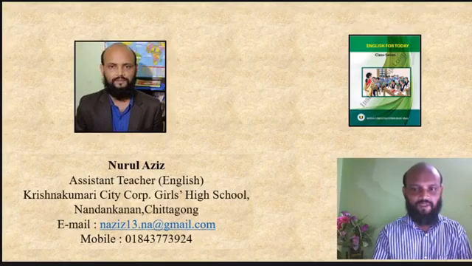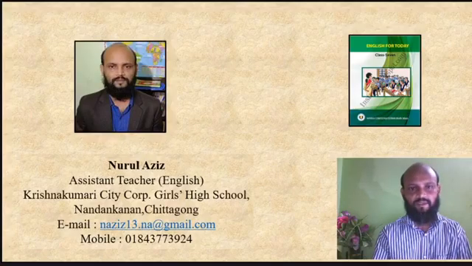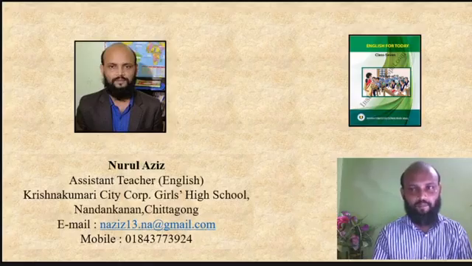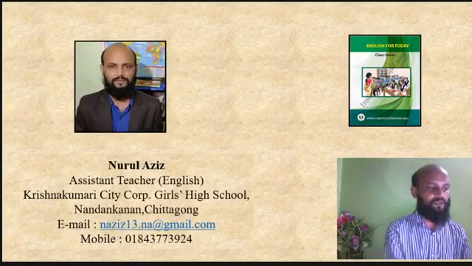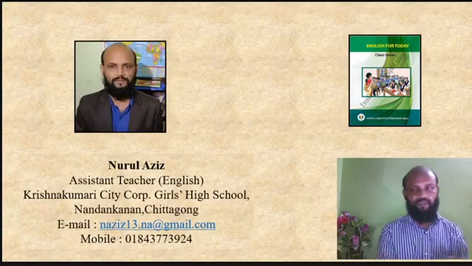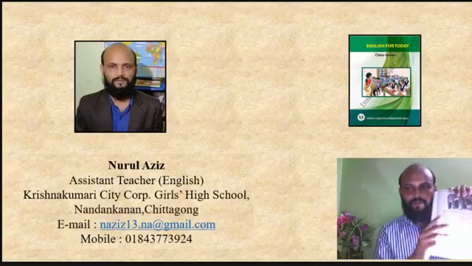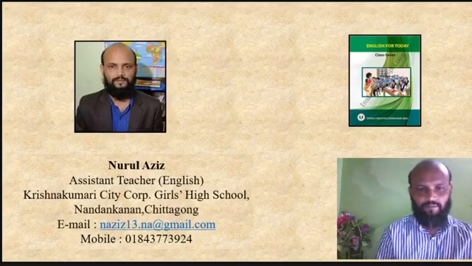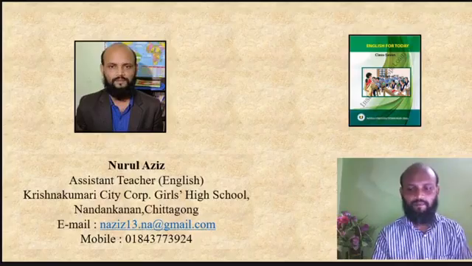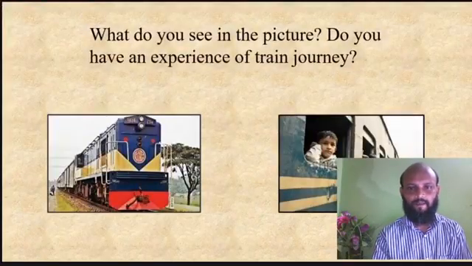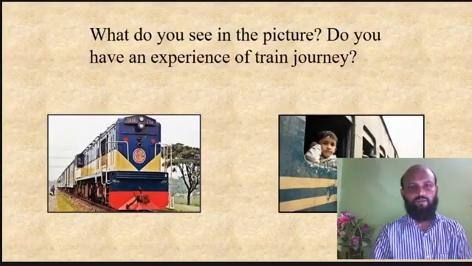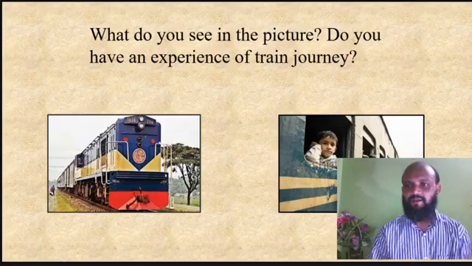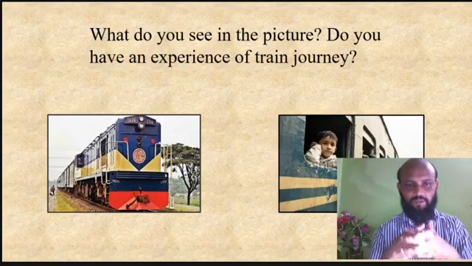Here you see some of the keywords, and on page 59 you see a picture and the main text. First of all, what do you see in the picture? The first one is a train.